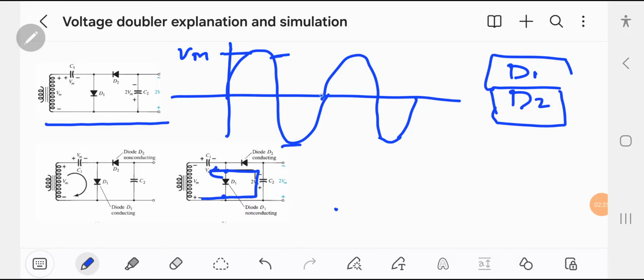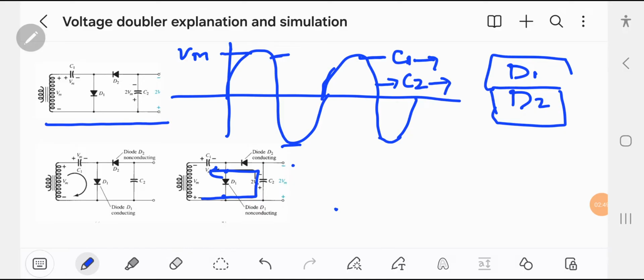What happens when the next positive pulse passes through this circuit? So during the next pulse, C1 starts charging and C2 will start discharging.